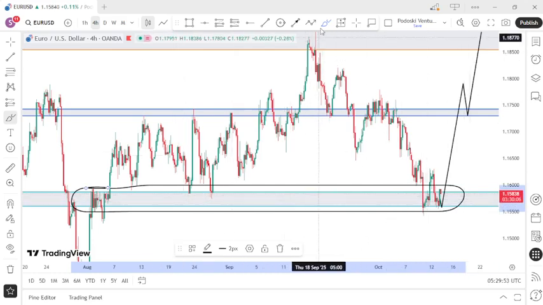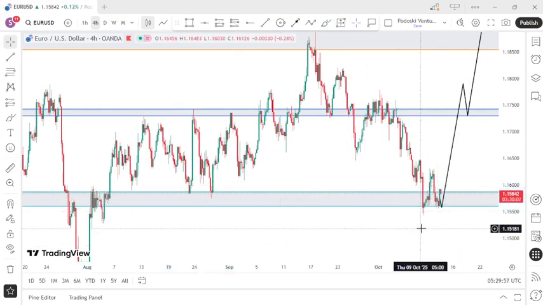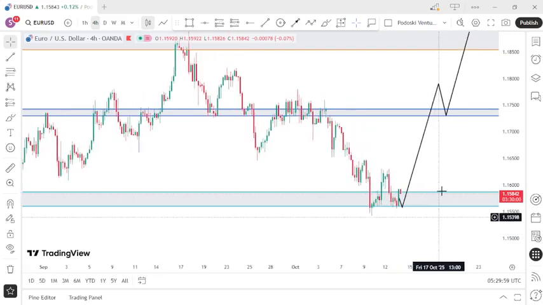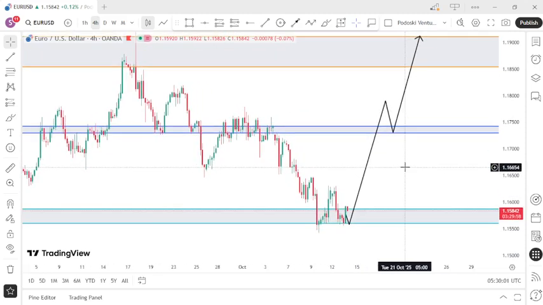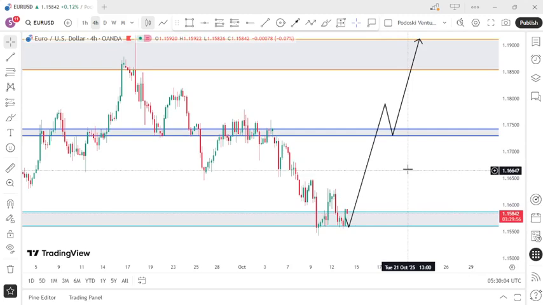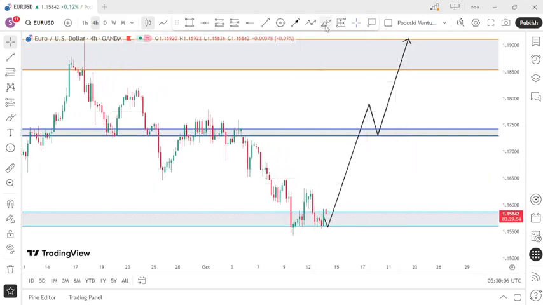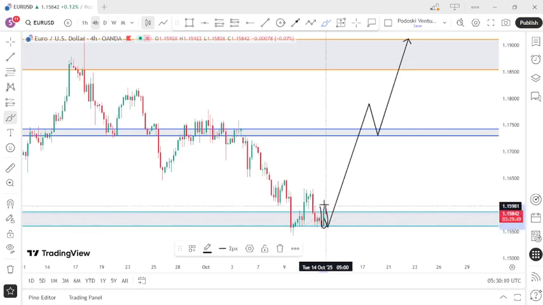So our entry will be coming on from this support and it will be valid, and we are taking it right now. We are taking it now because of how this bullish candle closed, forming a bullish engulfing.